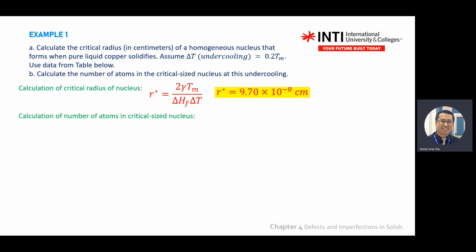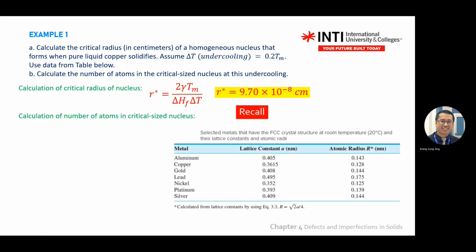Calculation of atoms in critical size. You saw this in the previous chapter when you learned about crystal structure. Again, you should memorize which types of metals fall into BCC, FCC, and HCP.